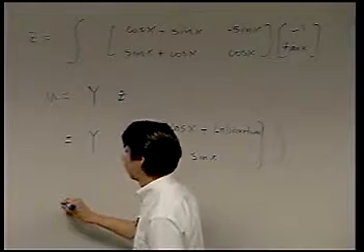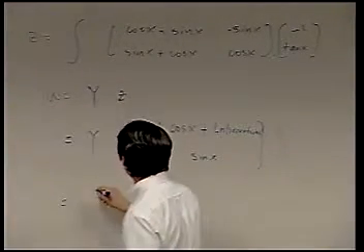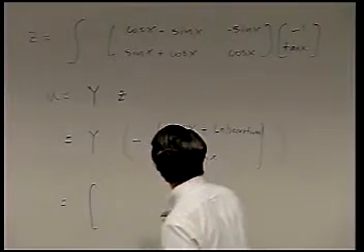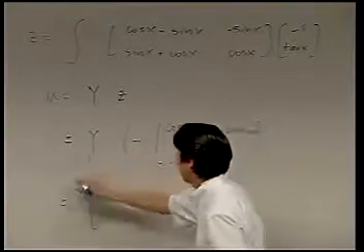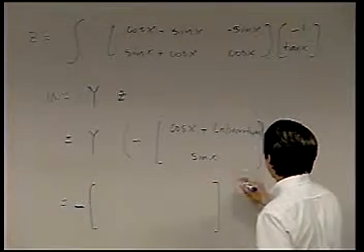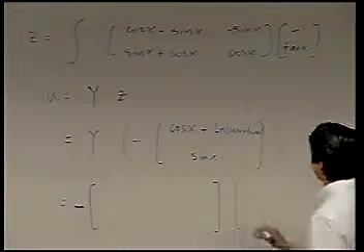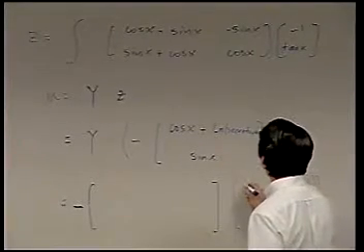Now we already know what y is, so I'll put the negative in front. This will, of course, be a rather laborious computation, so I'm just going to leave it in this form.